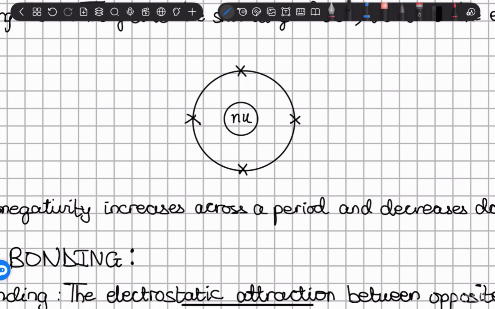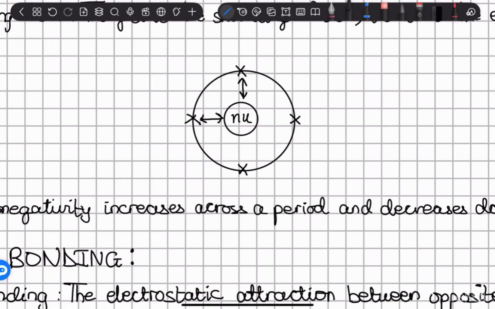So the number of electrons would increase, and hence electronegativity would increase, since once the number of electrons increases, they will be more attracted towards this nucleus.